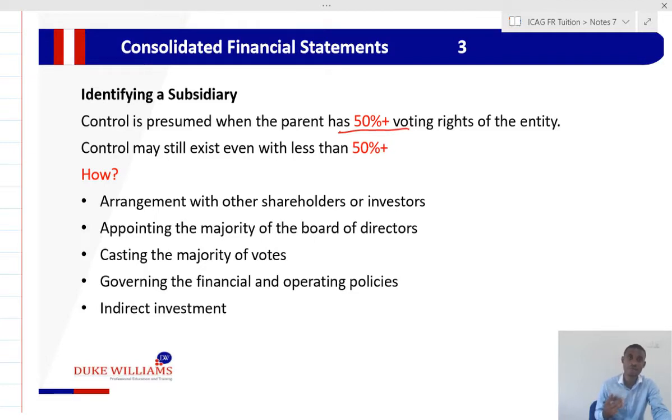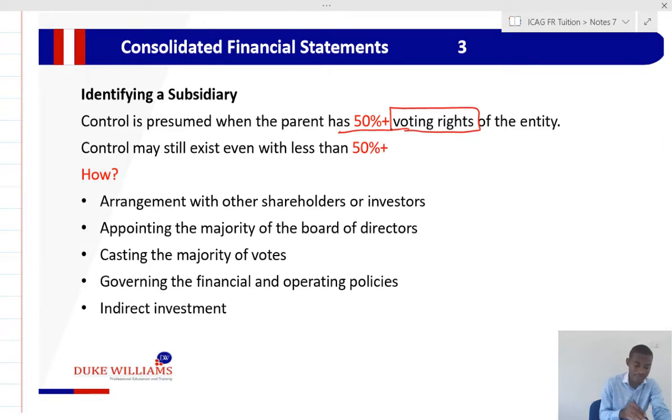Entity B can still have control if other aspects of policies are in place. So for instance, entity B can have less than 50% of the ordinary shares, or what we call the voting shares, and still have control.